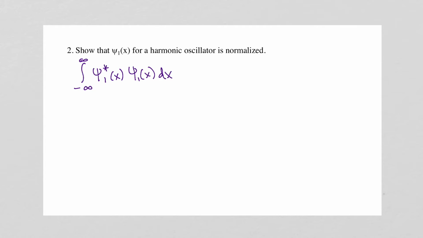And we want to show that that equals 1 for the harmonic oscillator wave function. Okay, so remember from our previous exercise, we've already determined our psi 1 of x, so this is what we're going to plug in to our normalization expression. Again, you could simplify this more if you want, but I'm just going to use what we had from before.